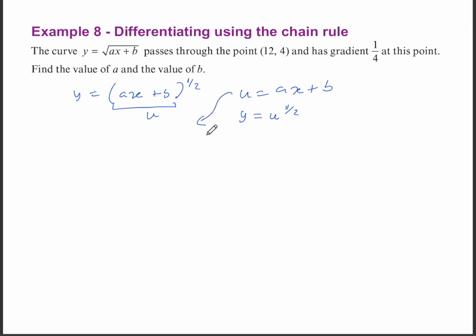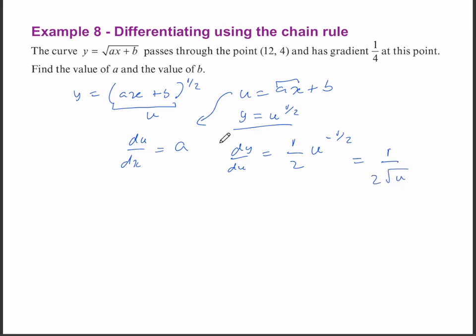From this first equation, if you differentiate in terms of x, du over dx will equal a, from just this right here. The derivative of b is just going to be 0. Then if you differentiate y with respect to u, so dy over du, we're going to get half u to the power negative a half, which is just 1 over 2 root u.